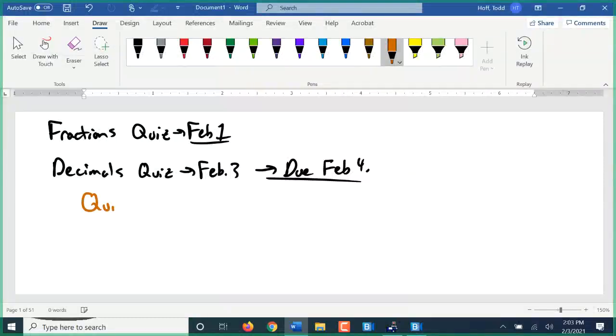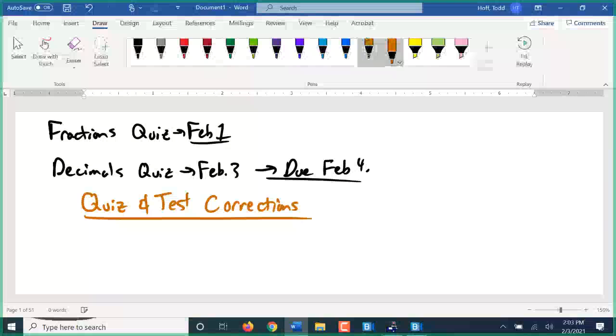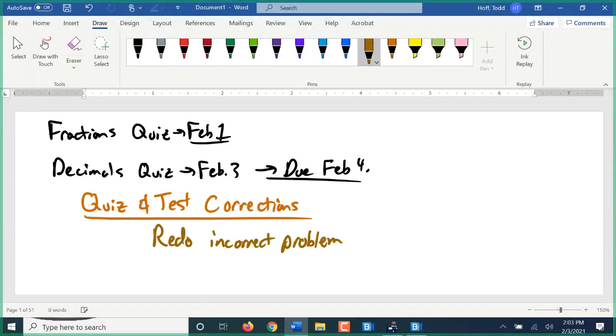Is a test correction. So on your quiz, on your tests, you can redo the problems you got wrong. To do that, you have to show all your work on the problem.